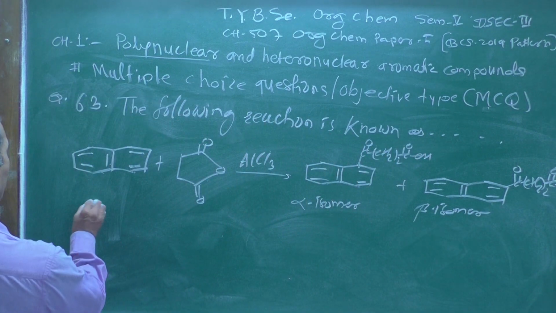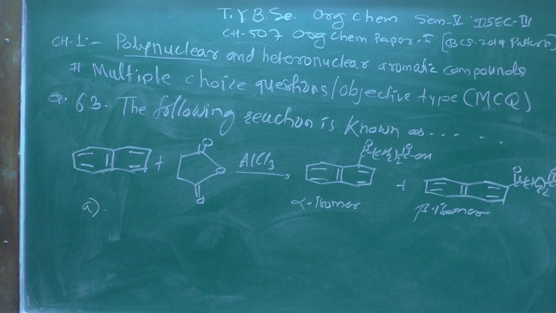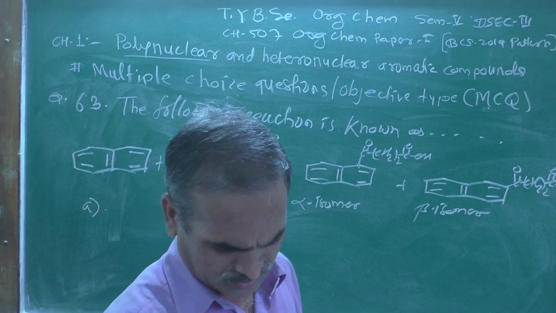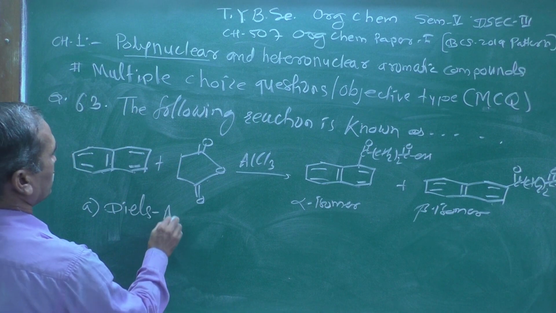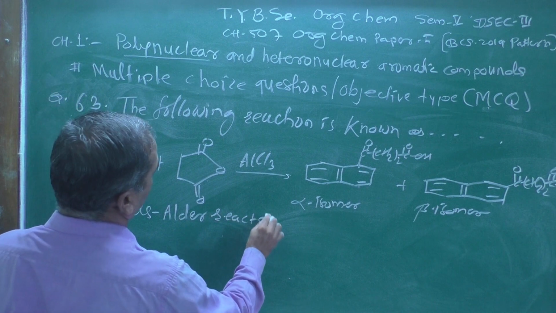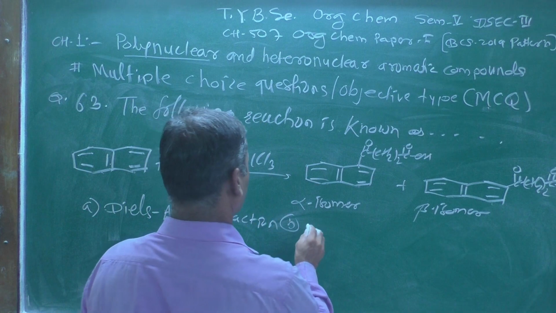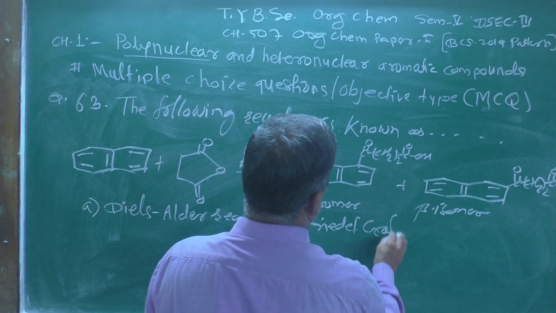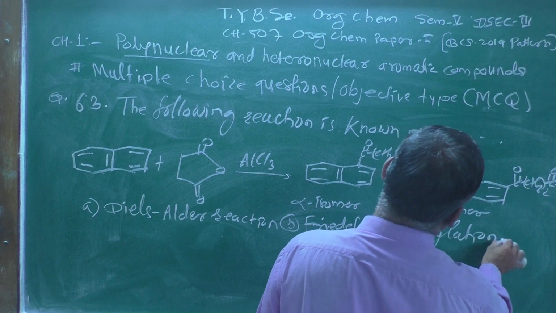Now the options are given. Option A is the Diels-Alder reaction. B is the Friedel-Crafts acylation.